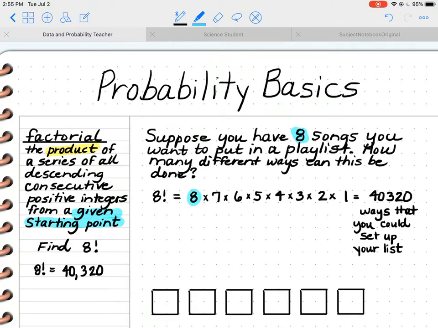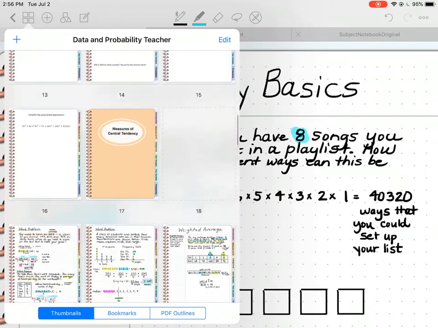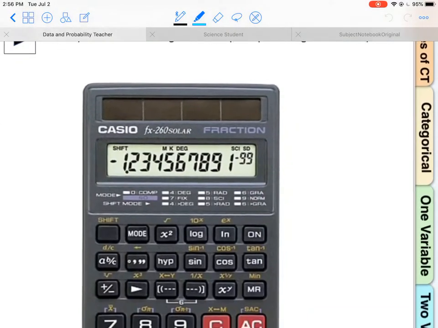Now, you can do this on your calculator, and I'm going to show you the steps. The first thing you're going to have to do is realize where this factorial key is on your calculator. It's actually above the digit 3. Here's a picture of your calculator.